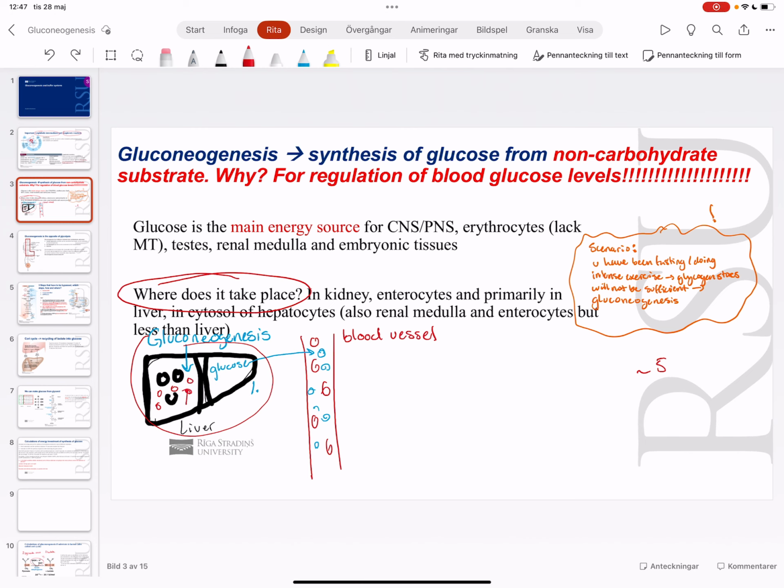When we have created these glucose molecules, they will diffuse out and go to the blood, and we will regulate the blood glucose levels. It's also very important to remember that it's when we fast and after intense exercise that we will do gluconeogenesis.